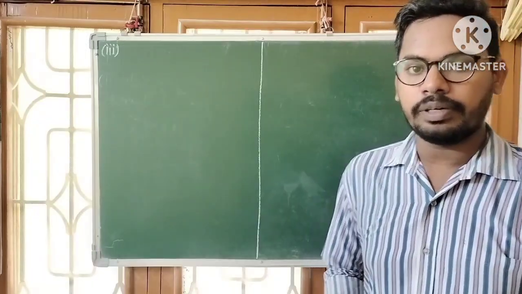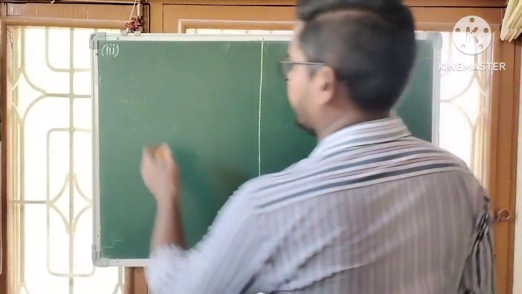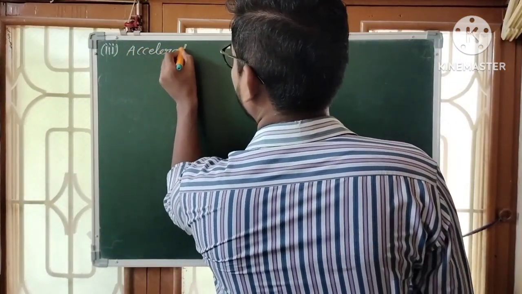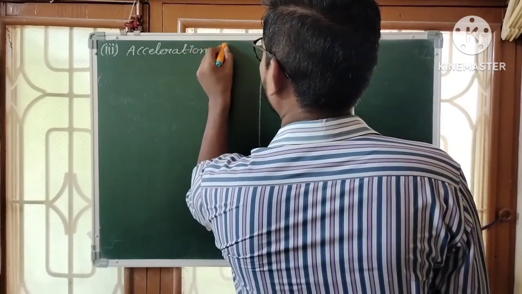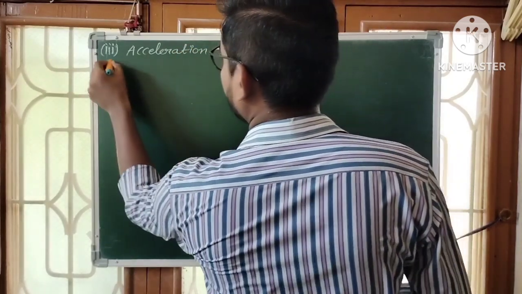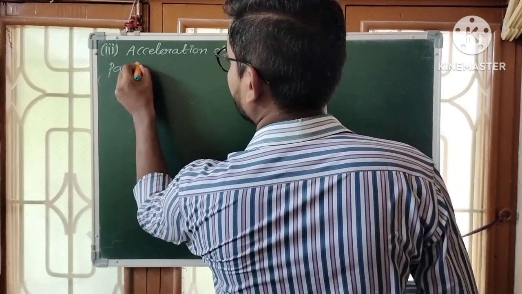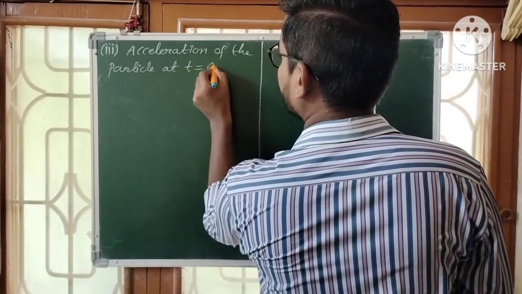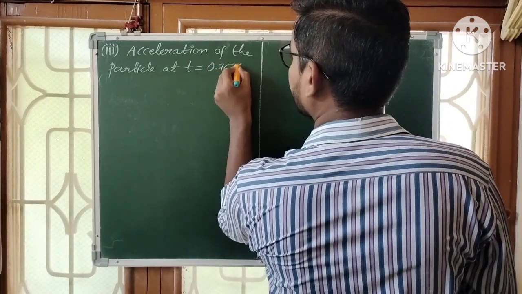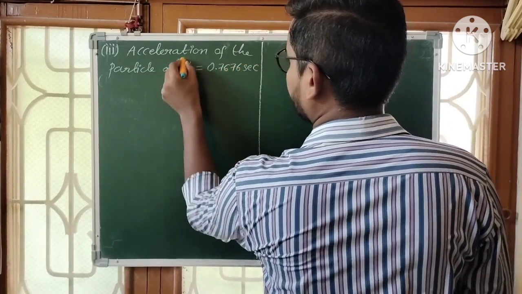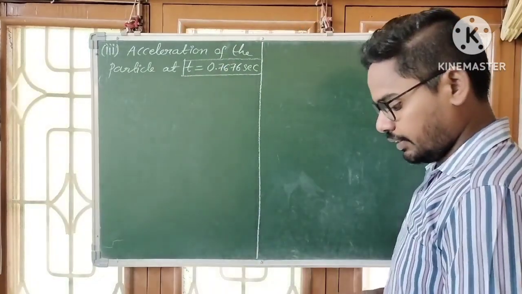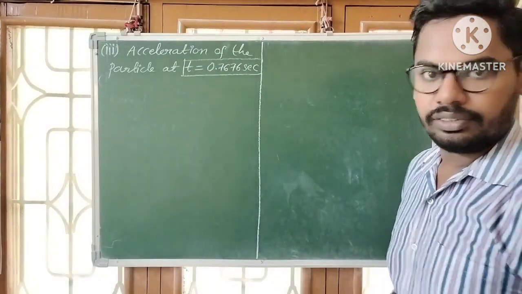Next, the third part, we have to find the acceleration of the particle at t is equal to 0.7676 seconds. So how do you get acceleration?